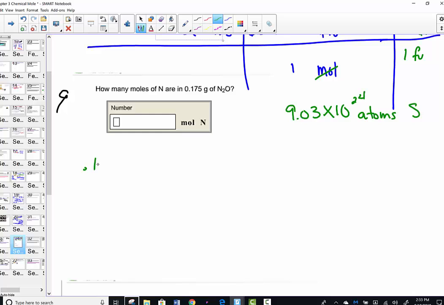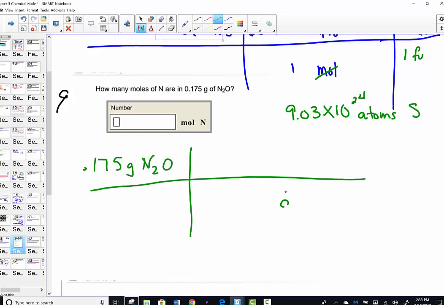So I'll start with my 0.175 grams of the molecule N2O. I want to go into the word mole, so I know to place moles over grams to cancel the gram. Now, visually on your mole map, you're down at the scale and you want to head in. That's the direction we're heading.